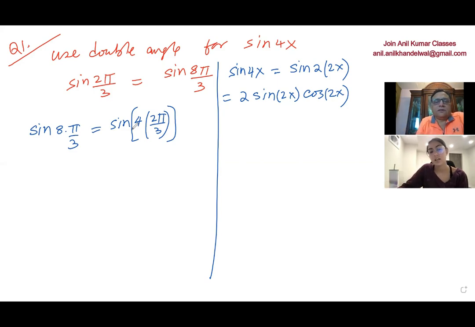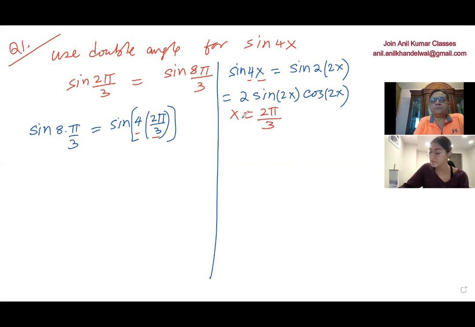If you compare this with sine 4 times 2 pi by 3, that means x is 2 pi by 3. Do you see that? So we can substitute x as 2 pi by 3.